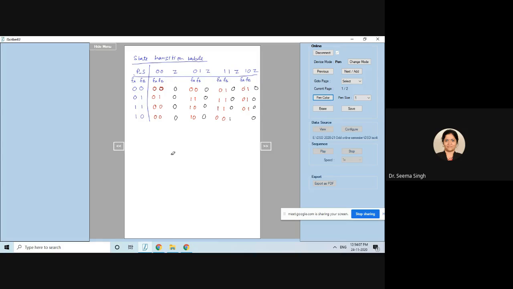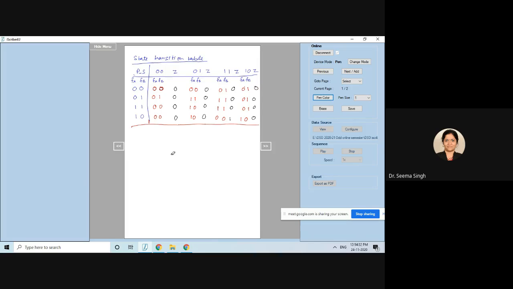B is 0 1. And the last one was D, that is why it is 1 0. So this is called your state transition table, where we are converting the state variables to the state function, FAFB.